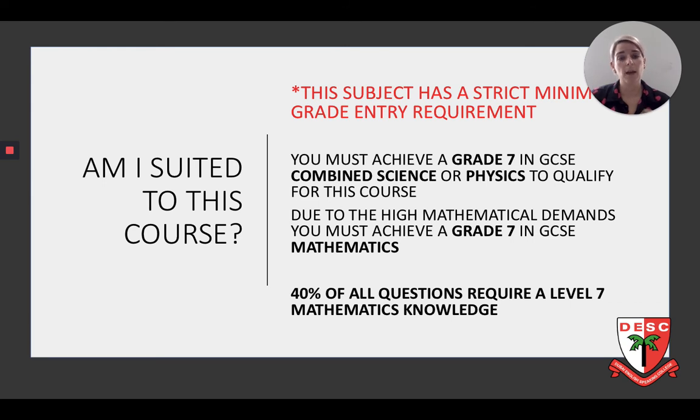The reason that Maths is required to be of the top band is because AQA specified that 40% of all of our questions require that mathematical understanding. If you don't have the level 7 in the science or the maths, we feel that perhaps you might not cope with the rigours of the course.